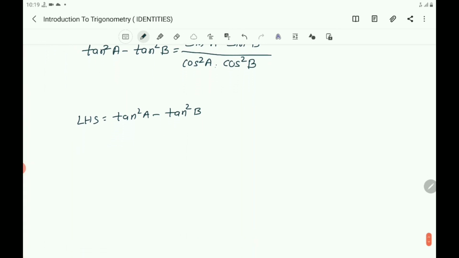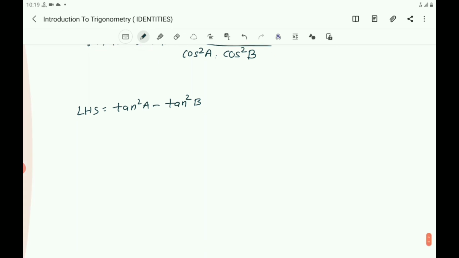Tan is sin by cos. So tan square A is sin square A by cos square A, and tan square B is sin square B by cos square B. So express tan in terms of sin by cos.